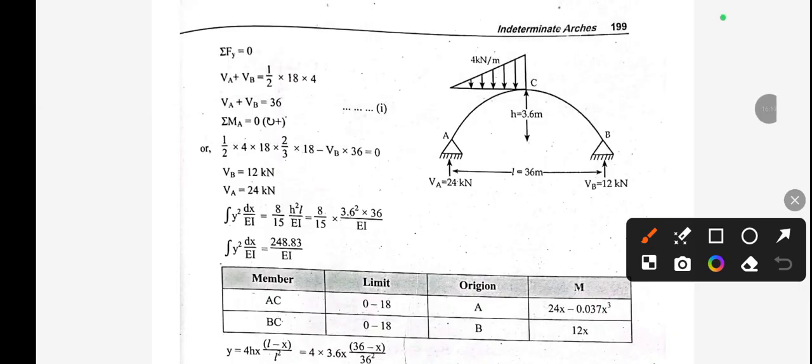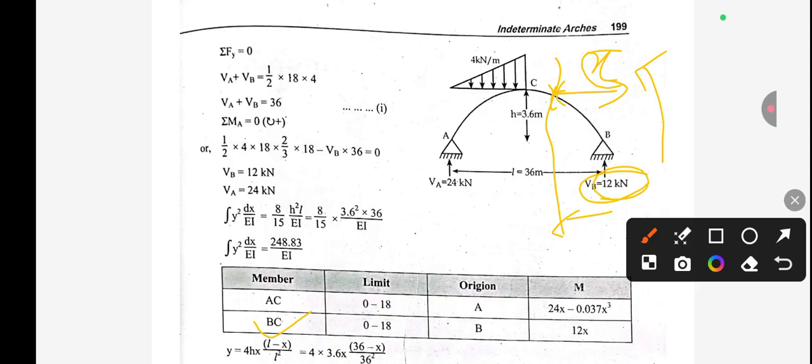First, calculate the moment at section X, which is X distance from this point B. It can be calculated as 12 into X. This will be anti-clockwise. From the right side, anti-clockwise is taken as positive. It means 12 into this distance X for this section. This load is acting anti-clockwise, so it is taken as positive. Now for this AC, our origin is A.